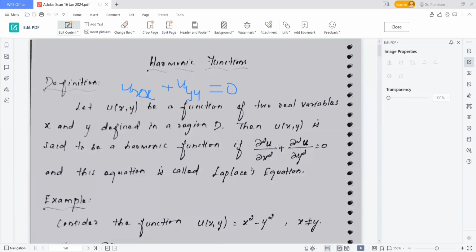Instead of writing ∂²u/∂x², we can write it as u_xx plus u_yy equal to 0. If this is satisfied, then we say that the function is a harmonic function. Also, this equation is called the Laplace equation. I hope the definition is clear.